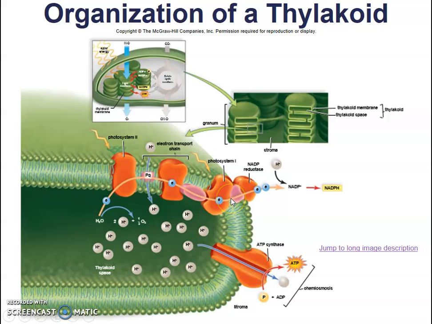And they go through some more transformations, and eventually they help join a hydrogen ion to NADP to form NADPH. Right? Also, those hydrogen ions will move through ATP synthase, and the energy transferred from that bonds a phosphate to ADP to make ATP.